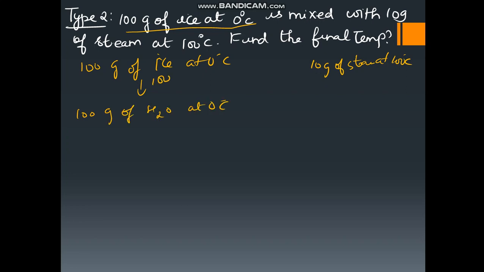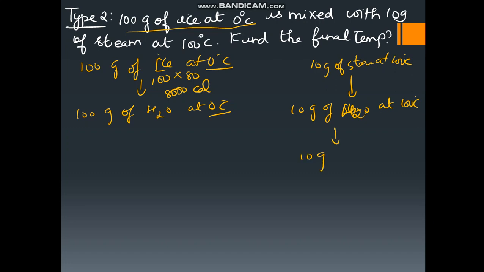So 100 into, there is no change in temperature, so change in phase is there, so m into L. L of ice is 80, so 8000 calories. Here you are converting 10 gram of steam to 10 gram of water at 100 degrees Celsius. Then you are converting that into 10 gram of water at 0 degrees Celsius.